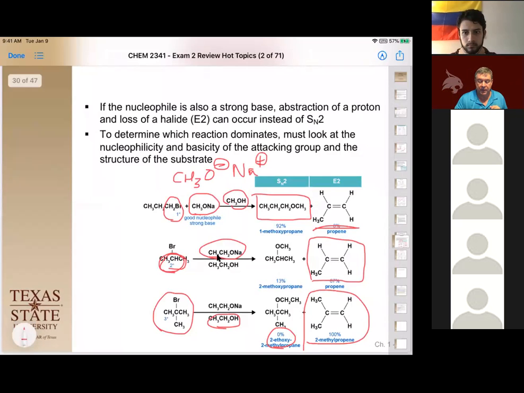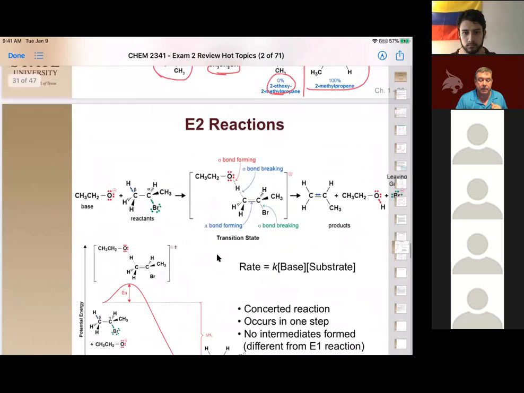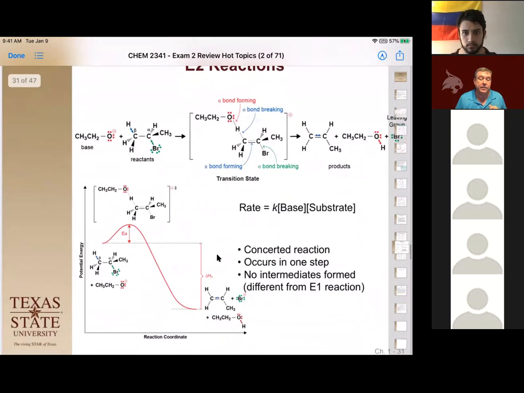Alrighty. So the mechanism of our E2 is our base has to be tugging on a beta hydrogen. Therefore, the concentration of the base and the substrate are important for this. Okay. Now, the only thing that gets in the way is sterics. If you have a lot of groups around something and there is a competition between that, we have a steric issue.